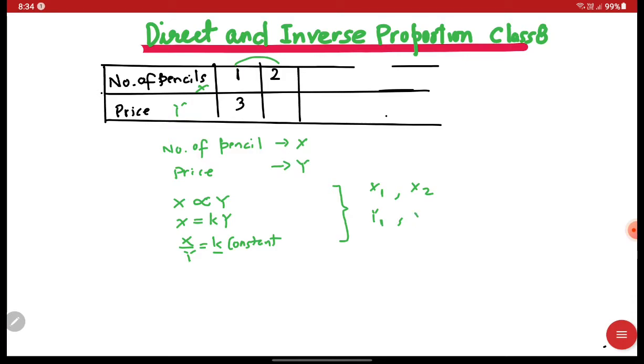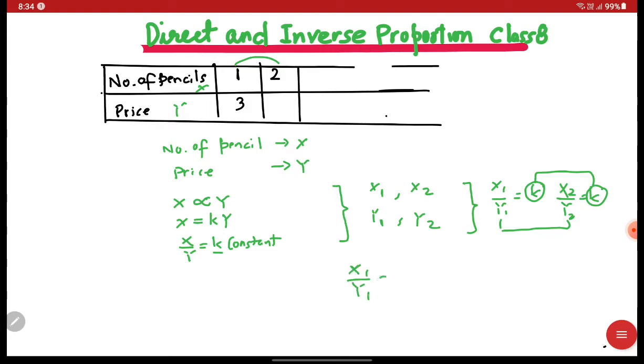Now when we say the ratio of x and y is constant, it means the ratio of x1 to y1 will be constant, and the ratio of x2 to y2 will also be the same number. So you can write easily x1 by y1 is equal to x2 by y2.